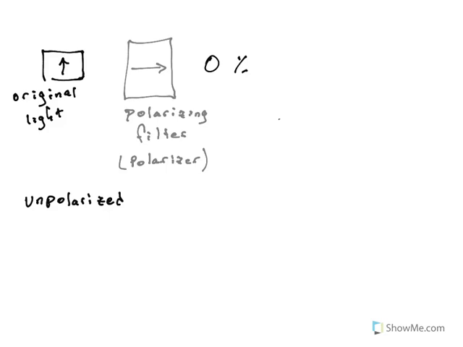Now, unpolarized is also called randomly polarized. And what it means is that of all the light that's coming out, some of the light is polarized up, some is polarized to the right, some is polarized at an angle. So it's just random. Every beam of light you get is polarized in a different direction. So overall, there's no total polarization.